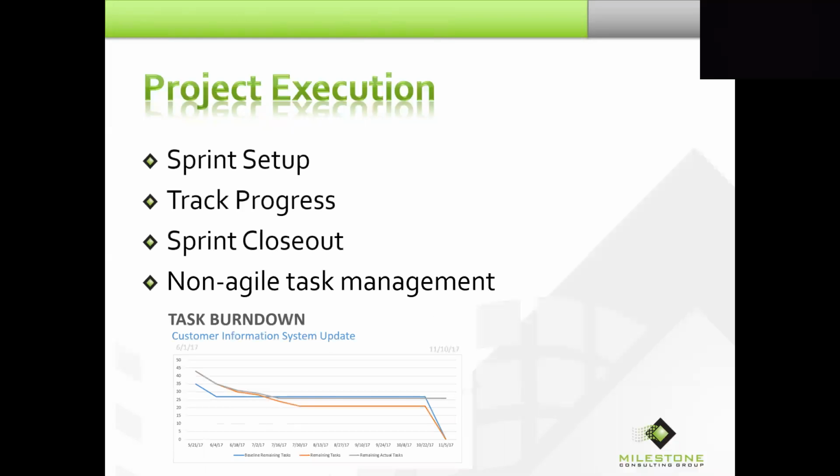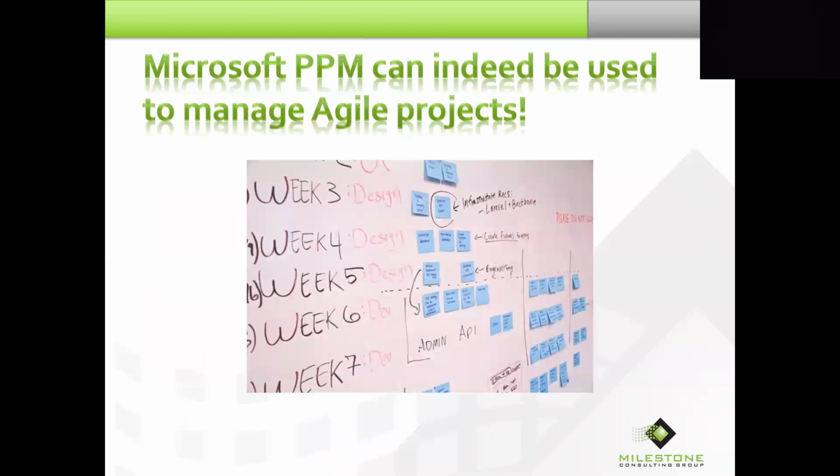But if you have some non-agile tasks, like those monitor and control activities that we had, well, you've got to manage those. But again, they're relatively straightforward. So we've taken about 45 minutes, and we've seen absolutely Microsoft PPM can be used to manage agile projects.